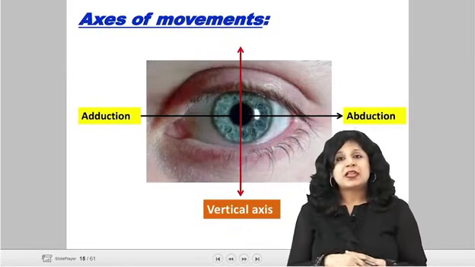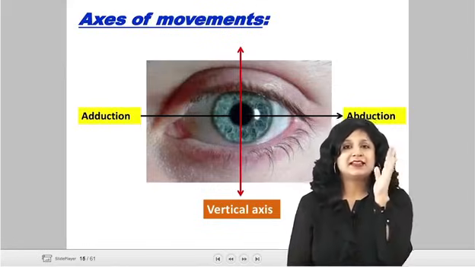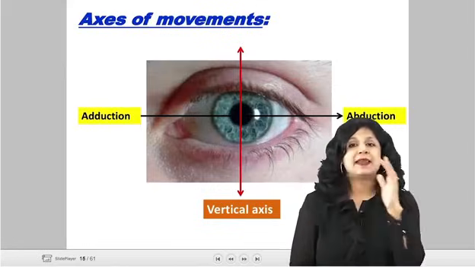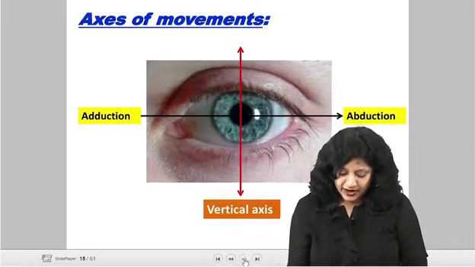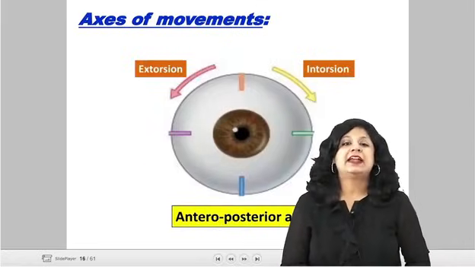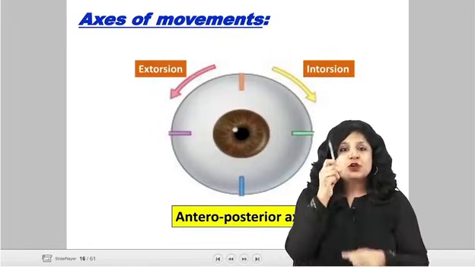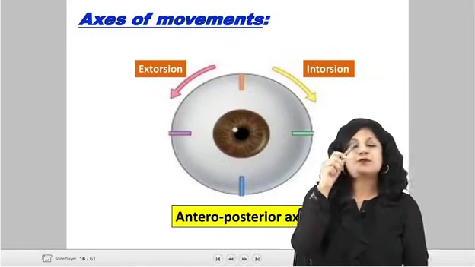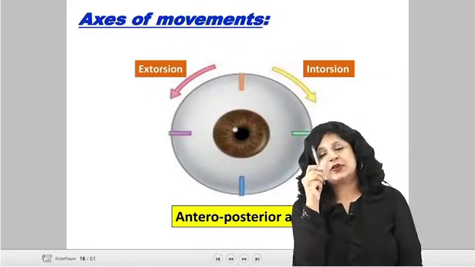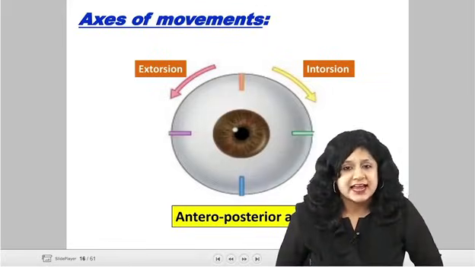So when I am talking about the vertical axis, the movements are taking place in the horizontal plane, adduction and abduction, while the third is your antero-posterior axis. Can you see now? From the 12 o'clock position, either it is going to 3 o'clock position, or from 12 o'clock position it is going to 9 o'clock position. This is intorsion and extorsion.